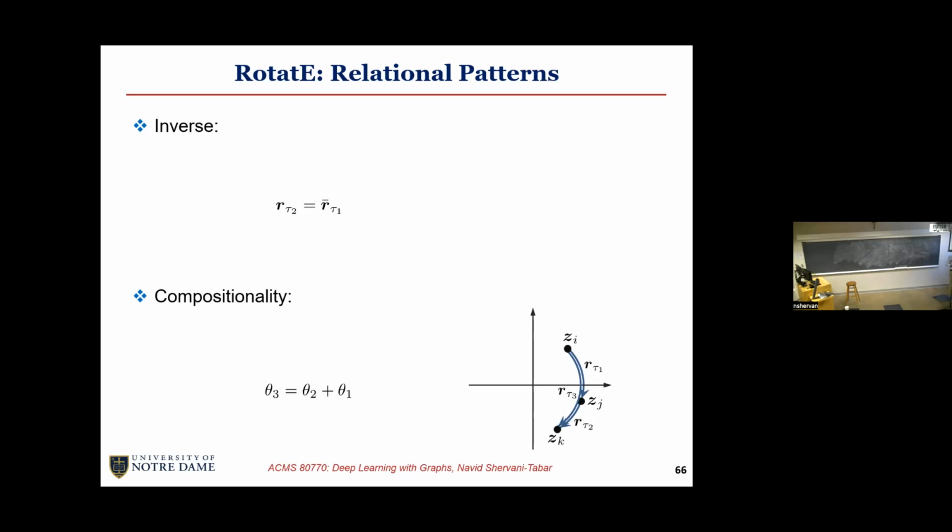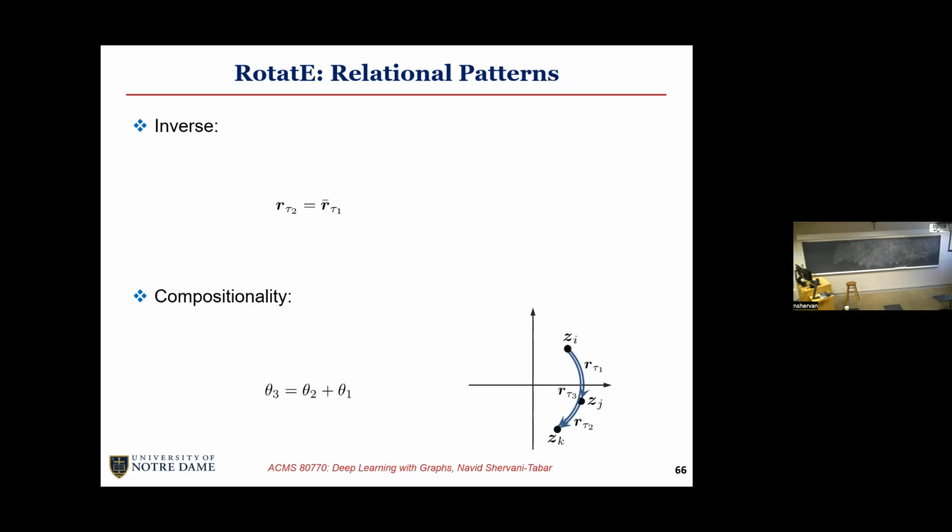And that's going to happen with embedding R tau 2, right? Each of these is represented by some angle, theta tau 1 and theta tau 2. If we define a new embedding, which is represented by an angle that is the sum of these two, we would be able to start from ZI and get to ZK.